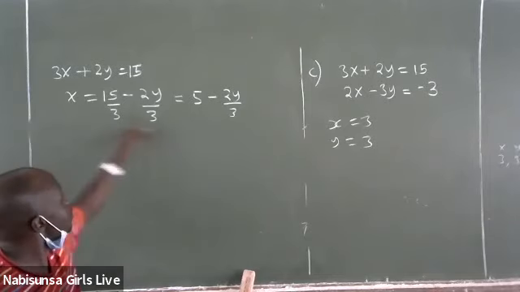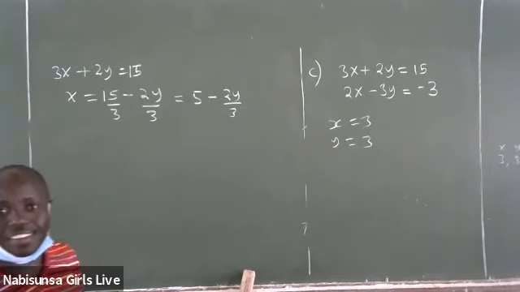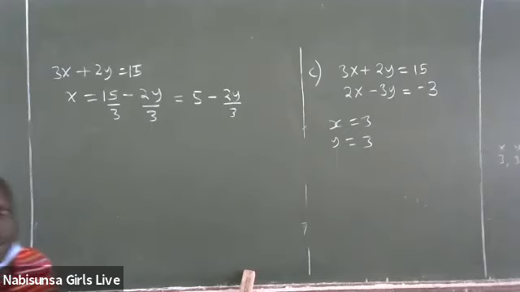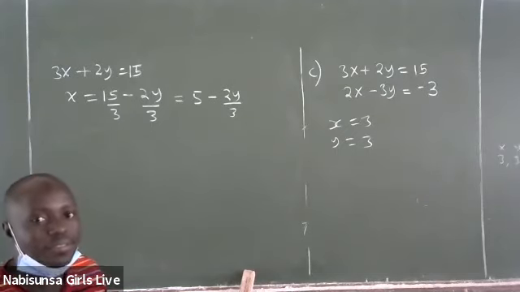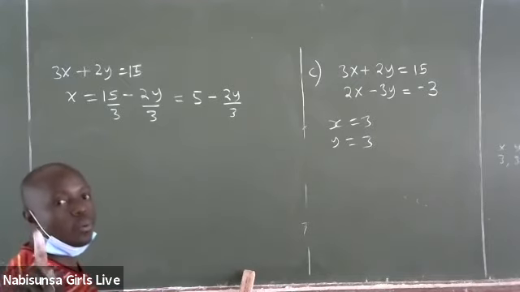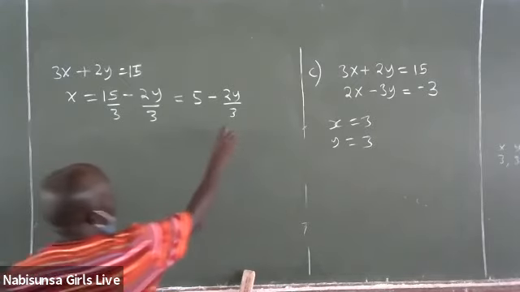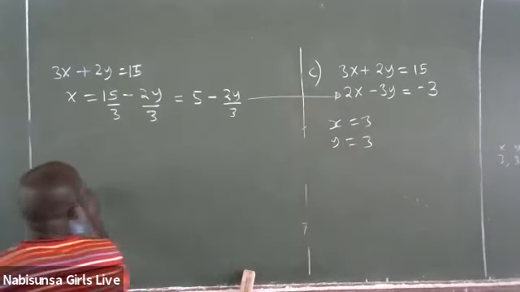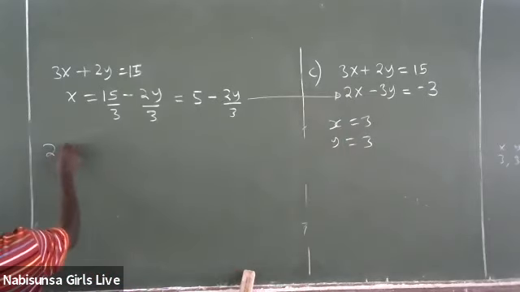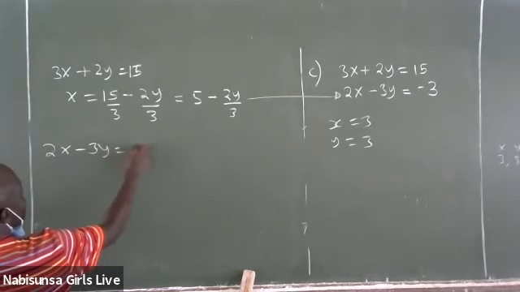That's 15 divided by 3. Okay, now Mariam, you come back and we talk. That's 5 minus 2y out of 3. This one here. And you get 2x minus 3y is minus 3.